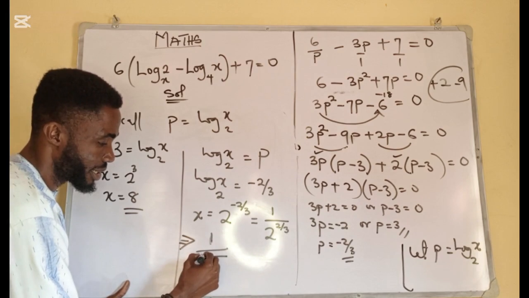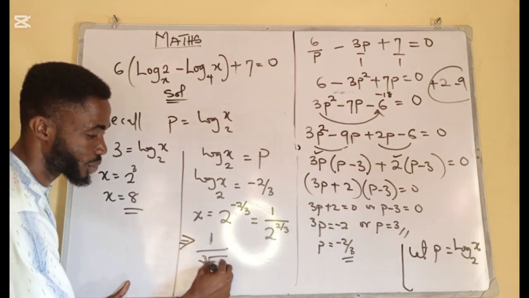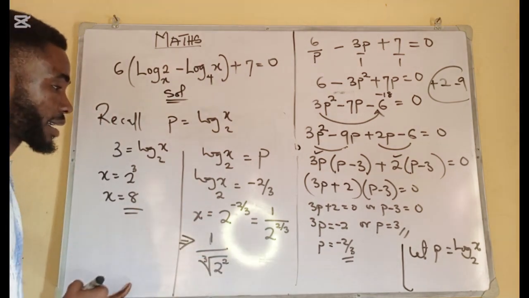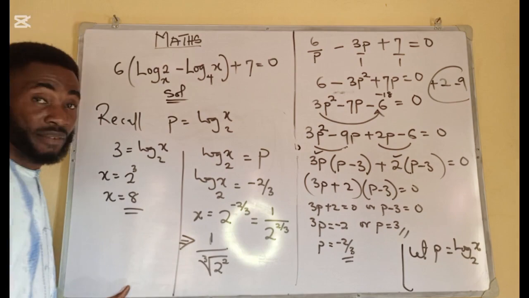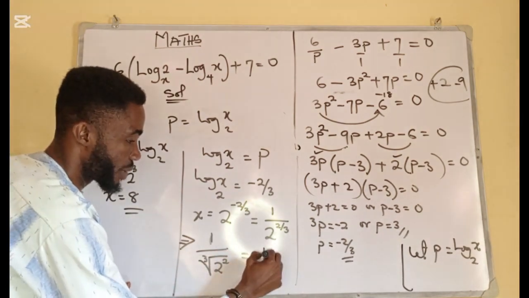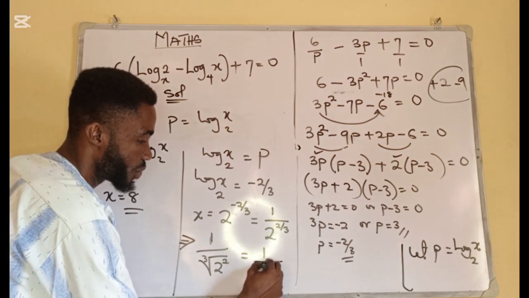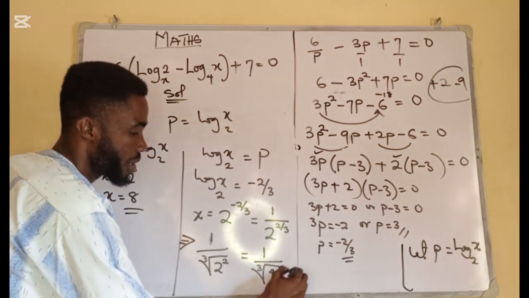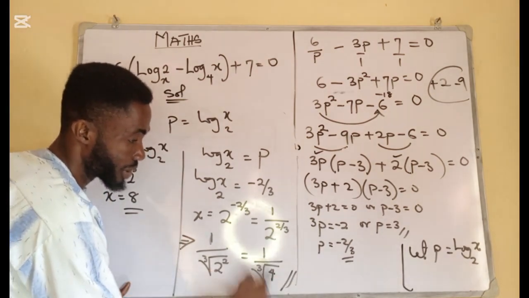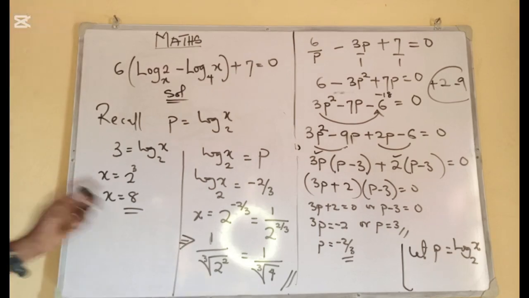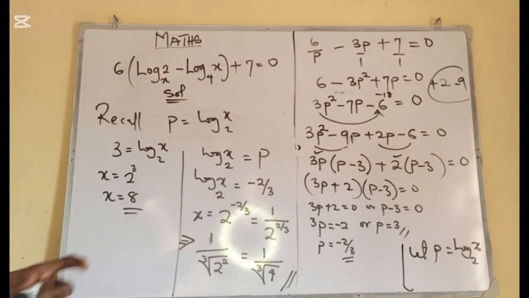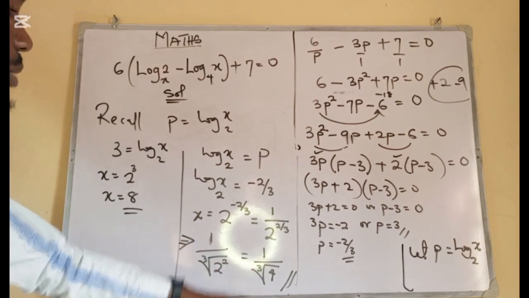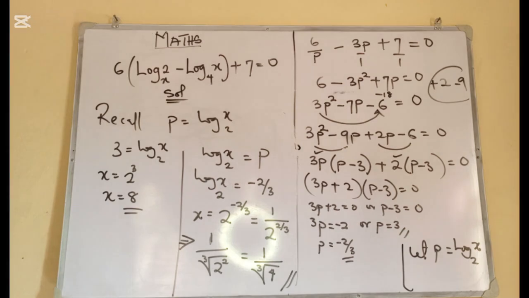This can be the cube root of 2 power 2. So we could have it this way: 1 divided by the cube root of 4, because 2 raised to the power of 2 is 4. So, guys, now our double answers are x equals 8 and x equals 1 all over the cube root of 4.